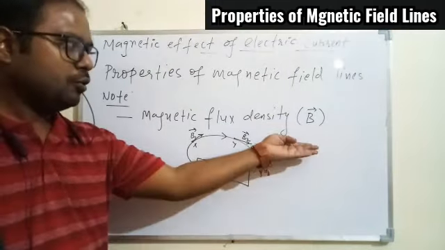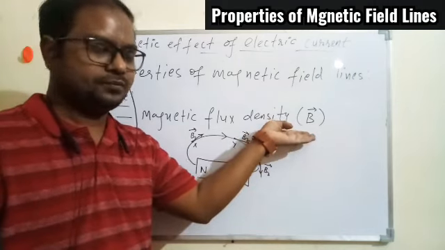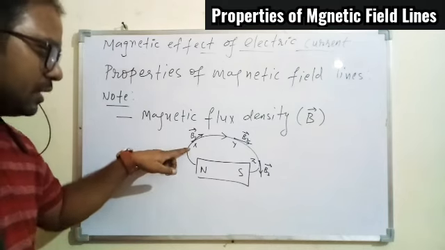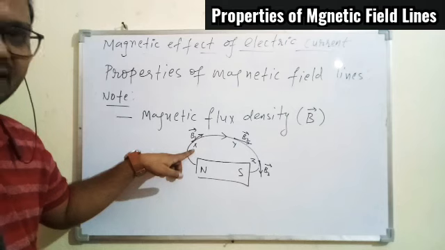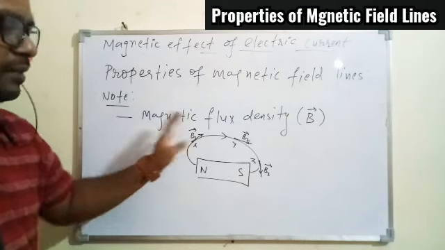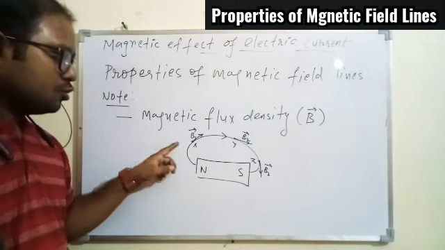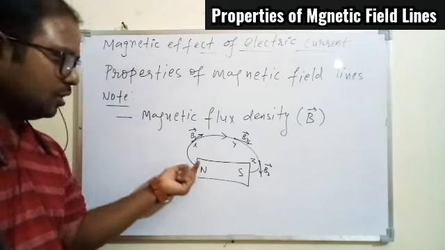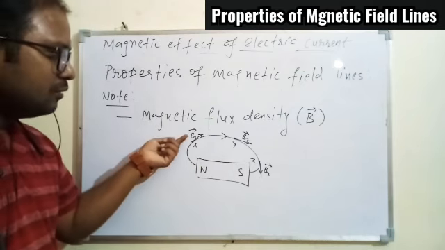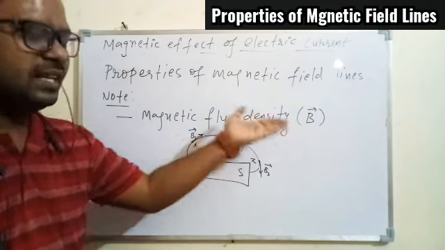Repeating again, magnetic flux density gives you the strength of the magnetic field, and it is a vector quantity. Since it is a vector, at every point it will have a different direction. So at x, at y, at z, you can see there are three different directions of the magnetic field strength, and that is given by the tangent. So if you have a magnetic field line and you draw the tangent at any point, that will give you the direction of the magnetic force or the magnetic flux density.